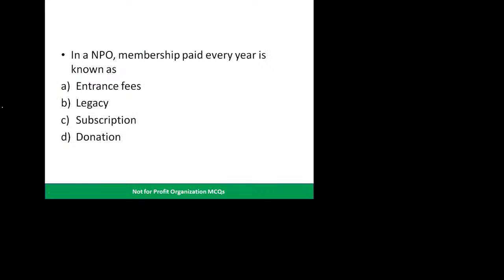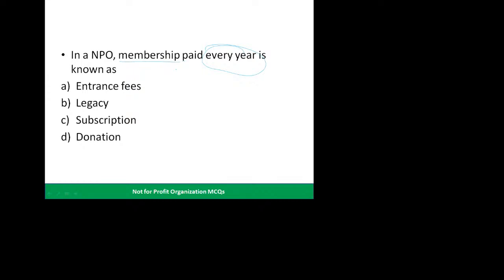The next question. In an NPO, the membership fee paid every year is known as what? Option A, entrance fees. Option B, legacy. Option C, subscription. Option D, none of the above.